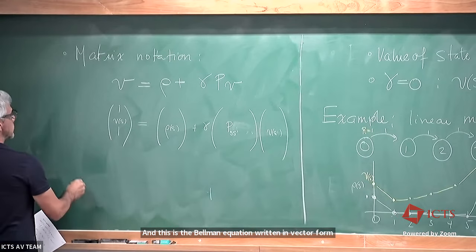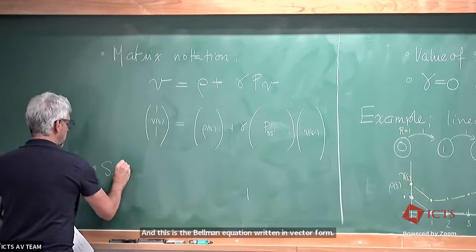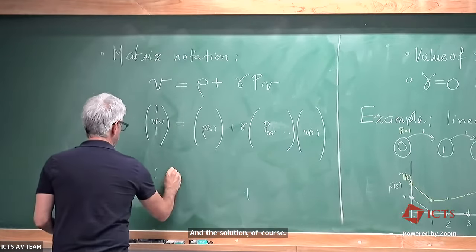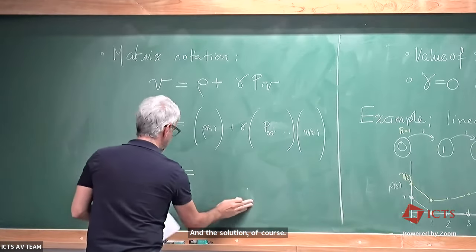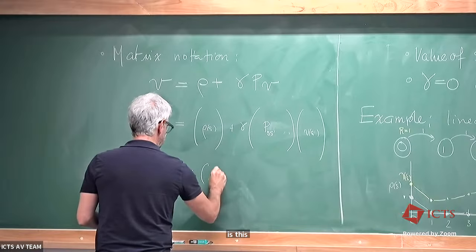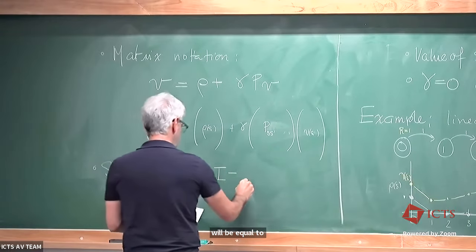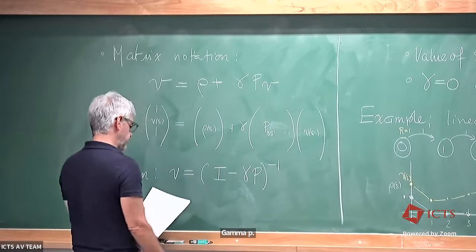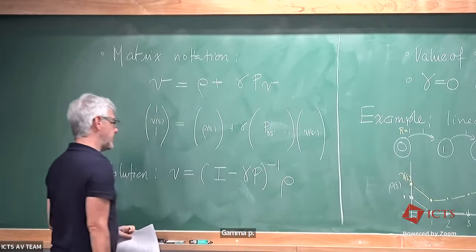Okay, and the solution, of course, is this. V will be equal to the identity matrix minus gamma P, you take the inverse of this and you multiply by the vector rho.